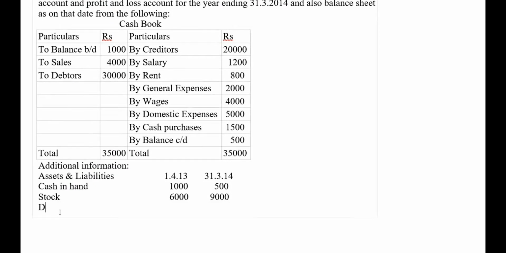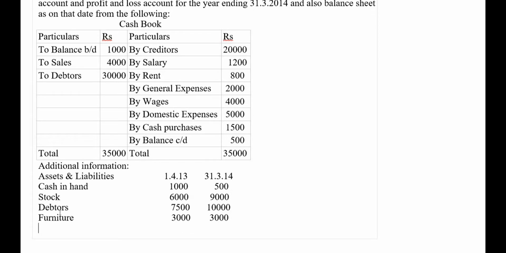Then debtors 7,500, then 10,000, then furniture 3,000, closing also 3,000.